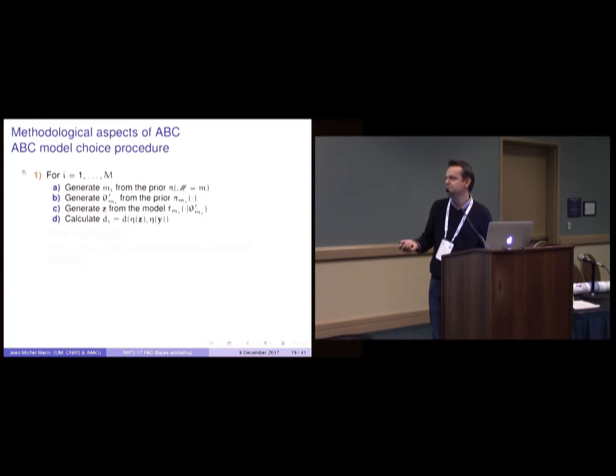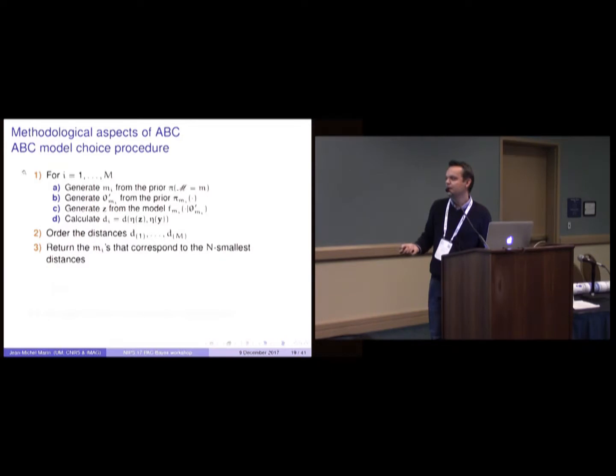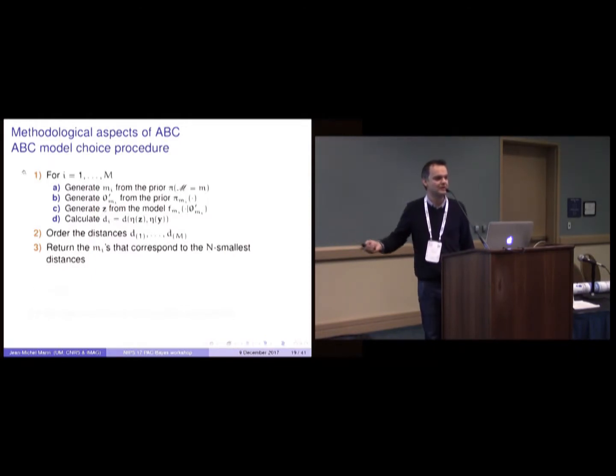And you calculate the distance, you order the distance, so you have a summarization here, and this summarization should have some information with respect to the model choice problem, not the parameter inference. And you order the distance and you return the n smallest indices, and then you can take a majority rule within the indices to select the model.